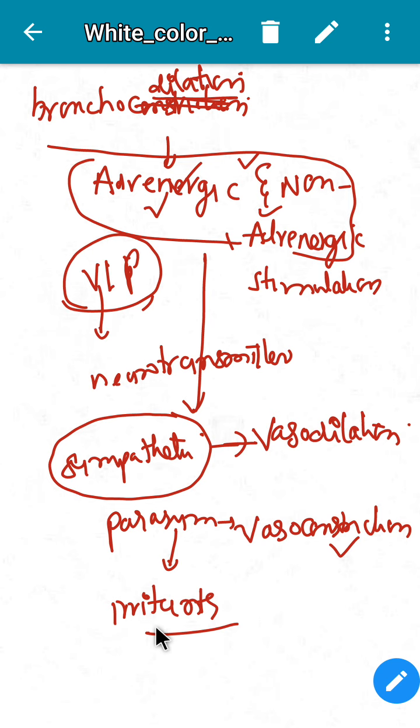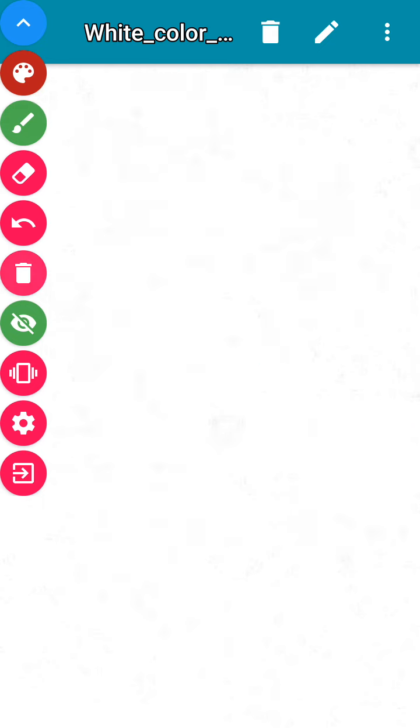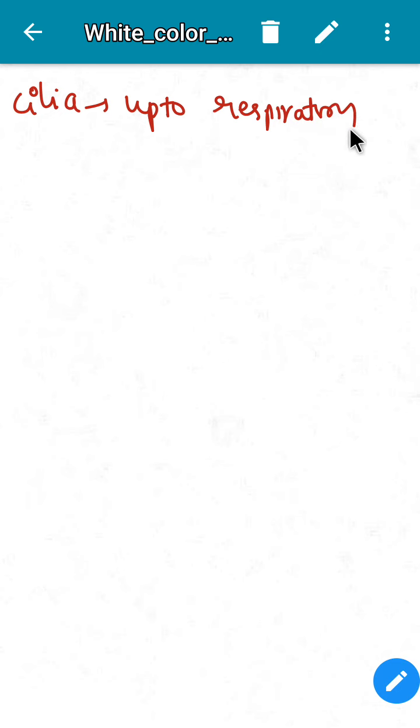Now, cilia are present up to the respiratory bronchioles.